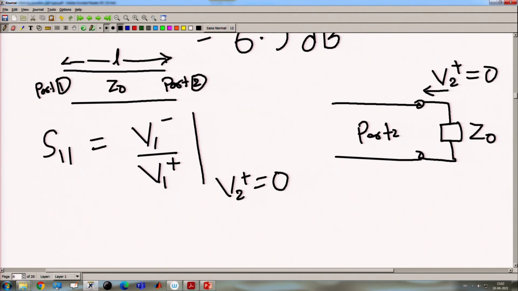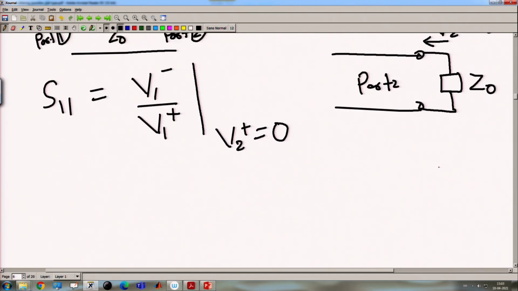So, V2 plus equals 0 and port 2 is terminated with ZL equal to Z naught. Since the transmission line also has characteristic impedance Z naught, the transmission line will be matched with this load impedance Z naught and there will be no reflection, and as a result we will get V1 minus equal to 0.